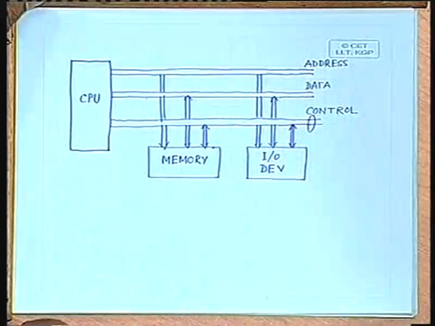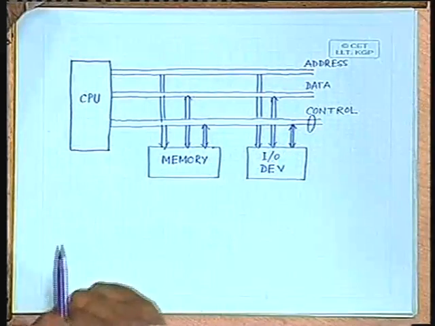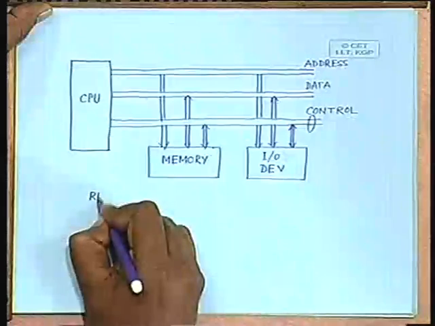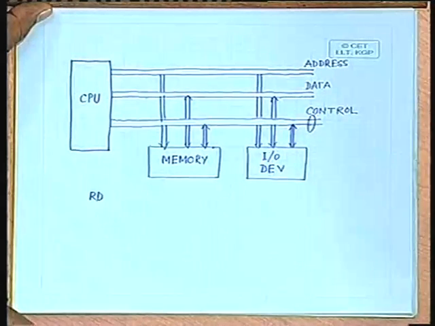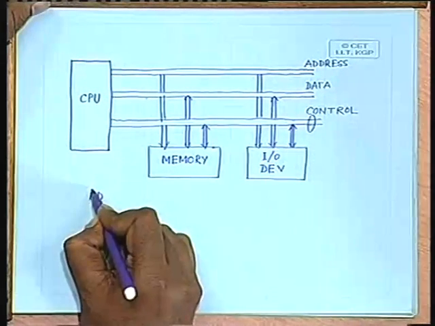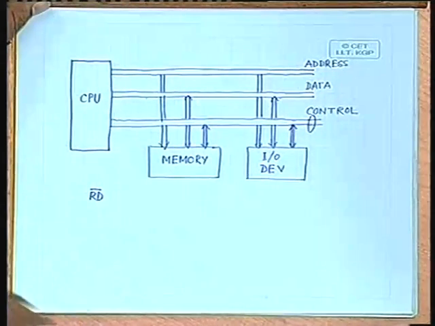Now, to identify what kind of operation is to be performed, whether it is a read operation or a write operation, the CPU has to generate the control signals. For read operation, the control signal generated is a read control signal. In most cases, this comes in negative logic, or we put it as read bar.